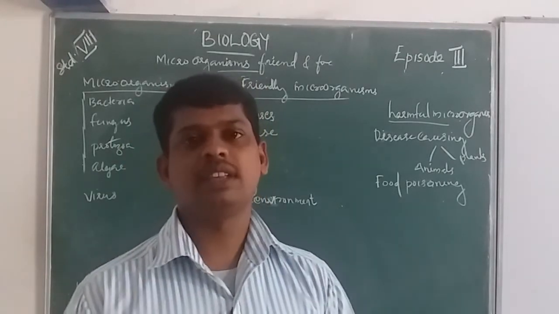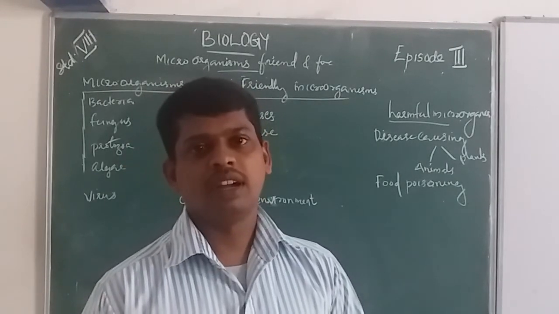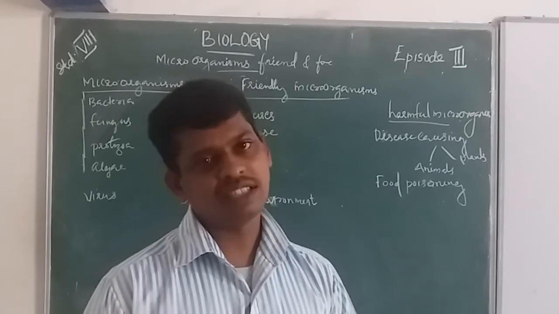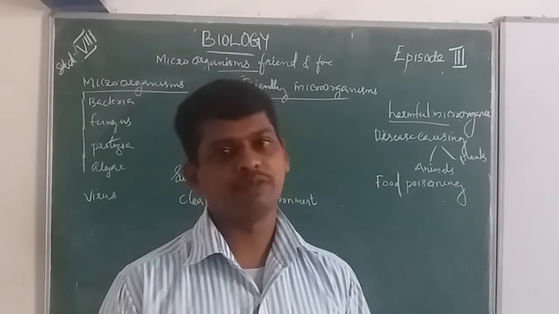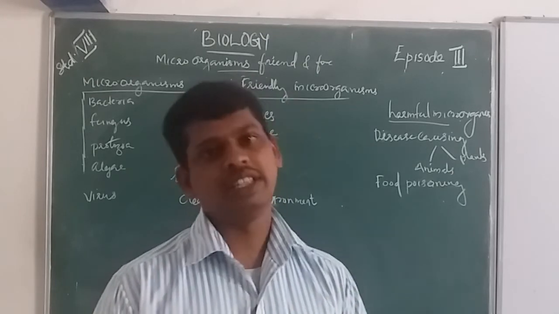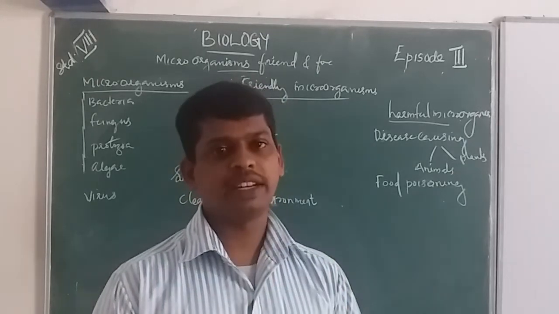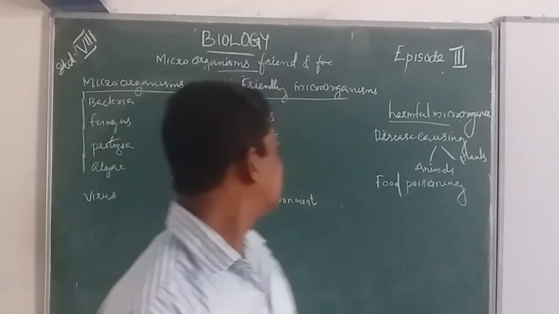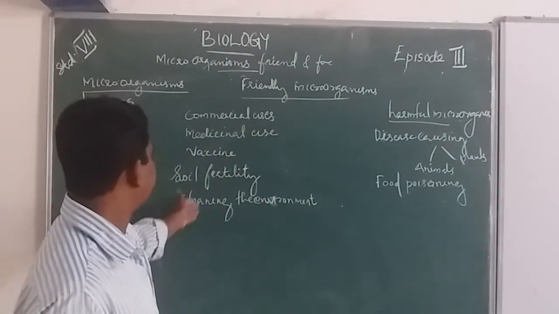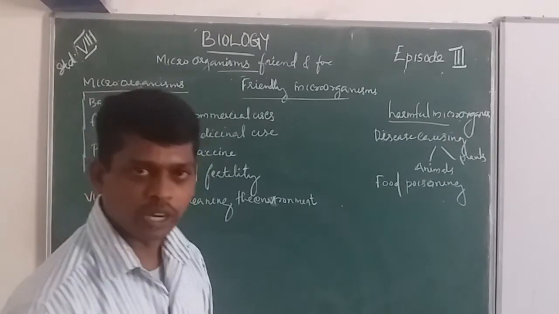Some plant parts, animals, dead bodies, etc. decay and decompose with the help of some bacteria. These bacteria help clean our environment. This is the main role of friendly microorganisms.